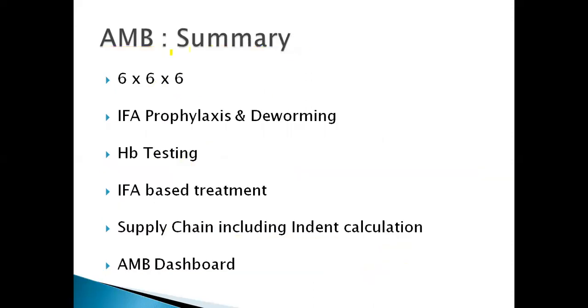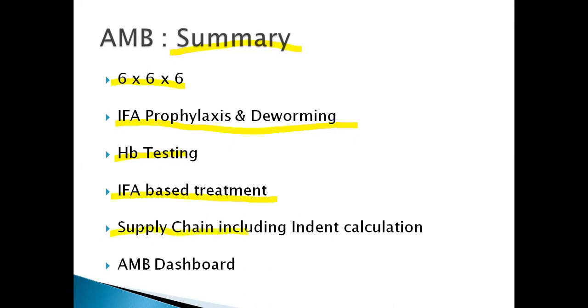So in summary, in Anemia Mukt Bharat, we looked after the 6 by 6 by 6. We looked after the IFA prophylaxis and deworming, how much, when, where. We looked after HB testing. We looked after IFA based treatment, oral, parenteral, and blood transfusion based on the HB levels, the gestational age, and also based on the compliance to oral iron.